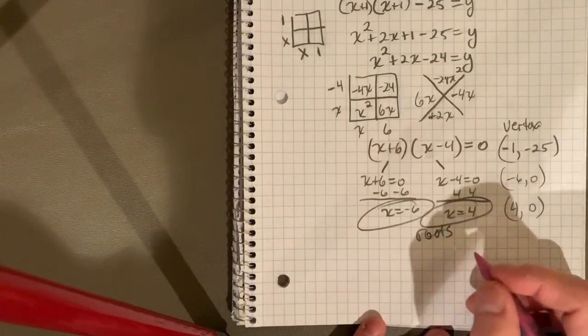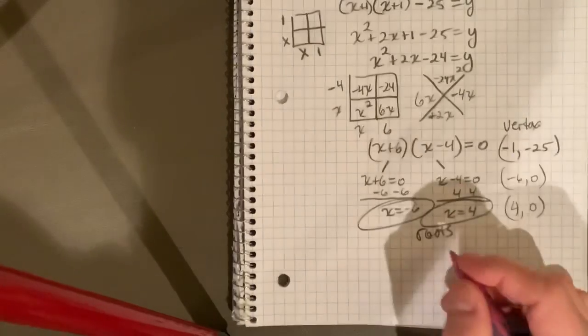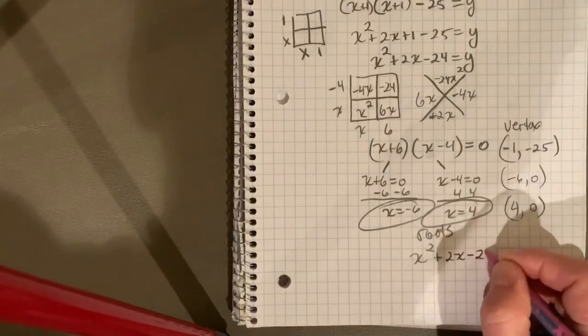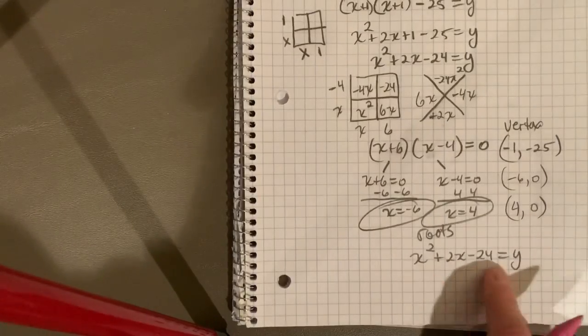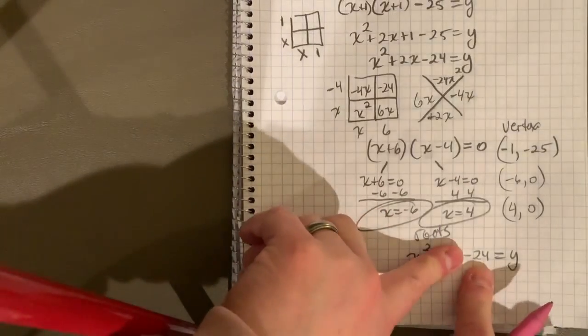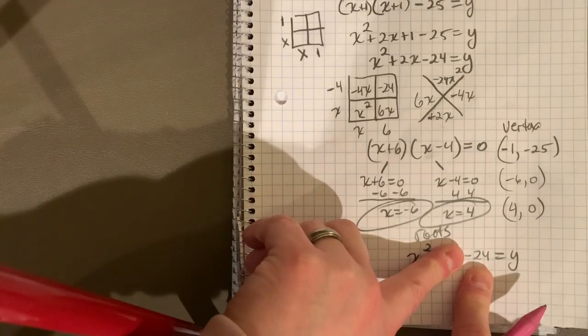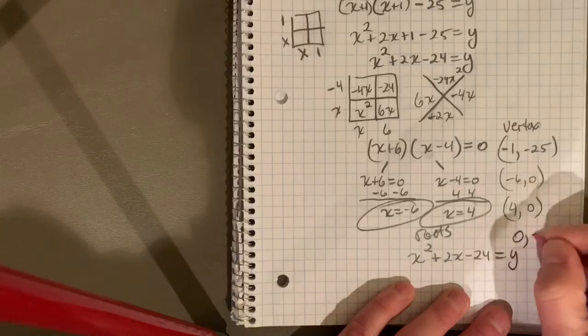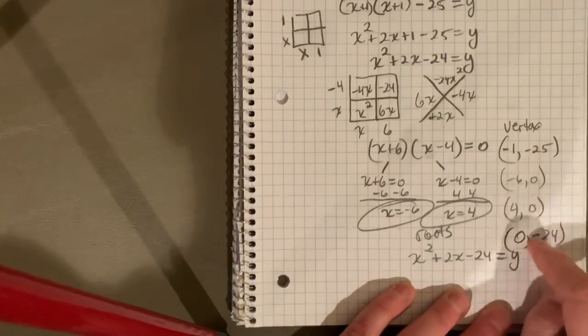If we go back to our quadratic here, x squared plus 2x minus 24, the one that was in standard form, if we just cover up the x's, because if x equals 0 in this case, you get -24. That means it's our y-intercept. So 0, -24 is our y-intercept.